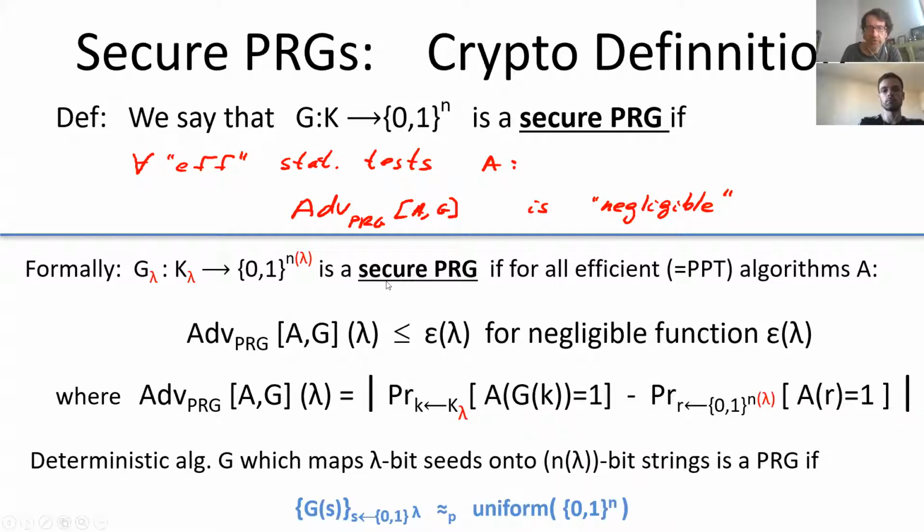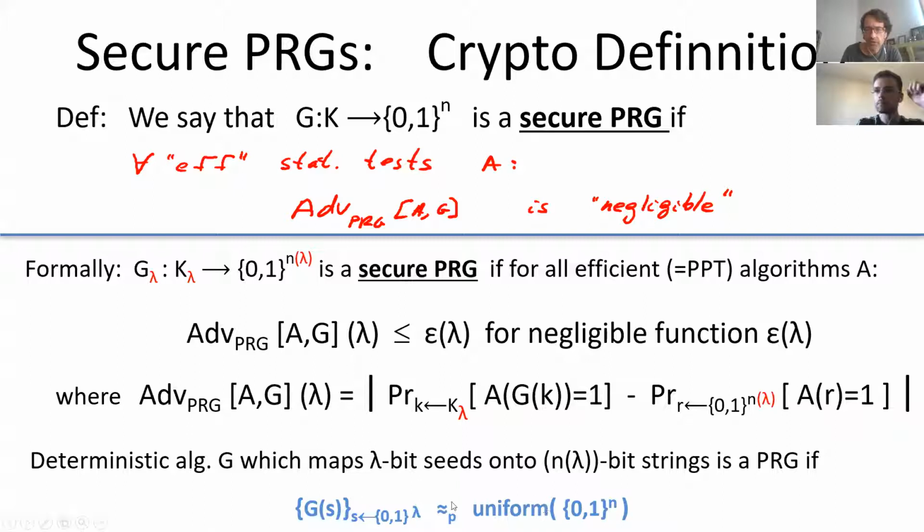Because that's what this whole thing says, that for all efficient algorithms, if you define the advantage of the algorithm as precisely the difference with which it acts on a random sample from the left-hand side and a random sample from the right-hand side, then the existence of such an attacker would violate this notion.